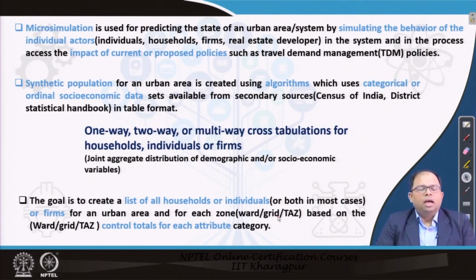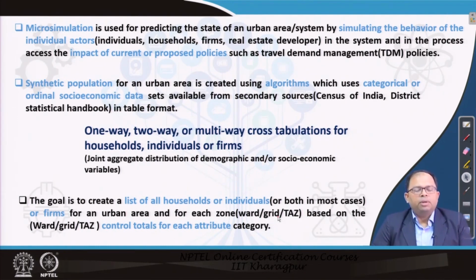That means when we are doing micro simulation, we predict the behavior of each individual, and based on the behavior of individuals we can also see how it impacts travel demand, and the impact of the different policies that we can introduce to manage travel demand could be evaluated.